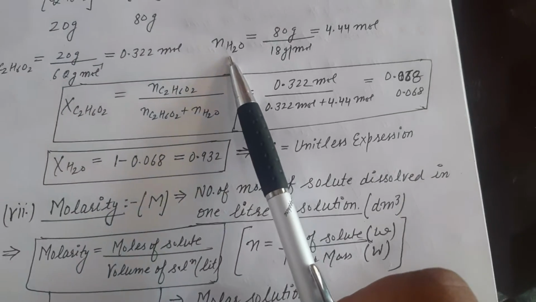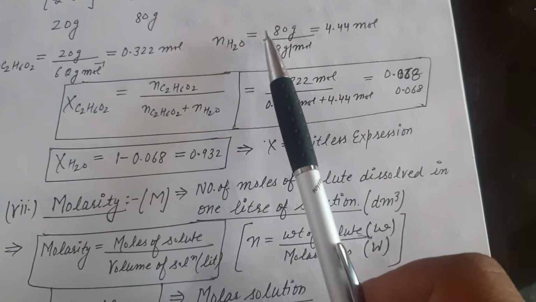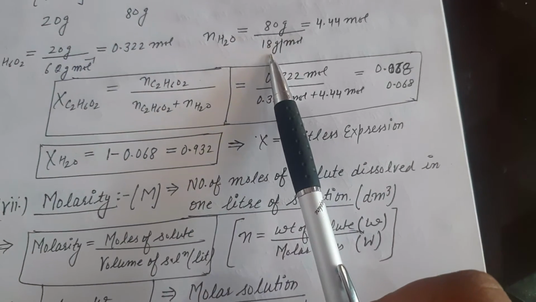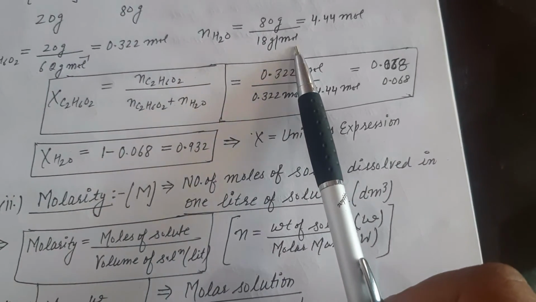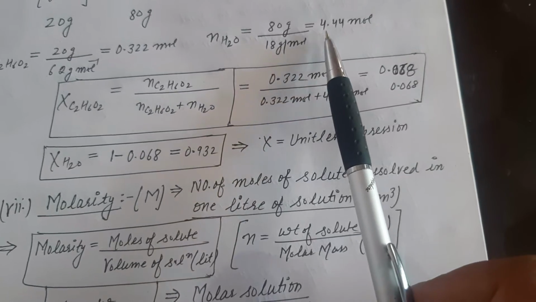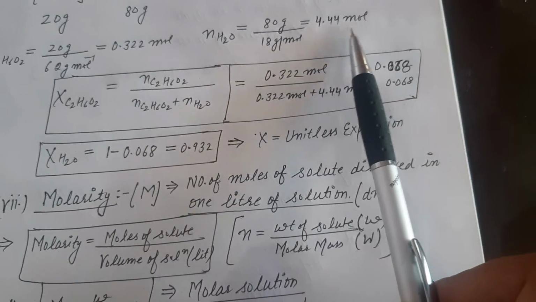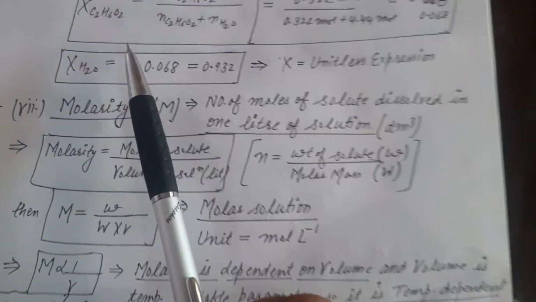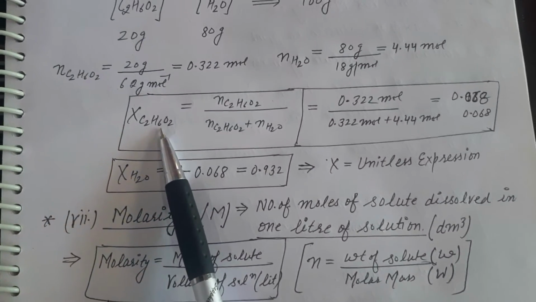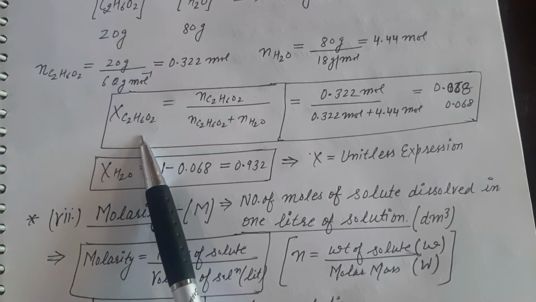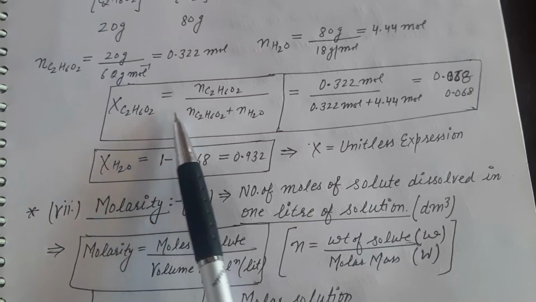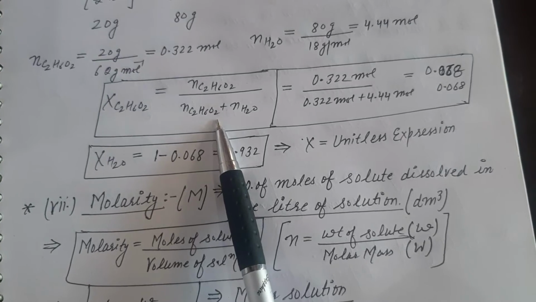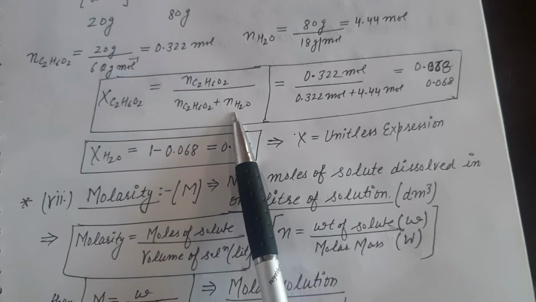In case of water, the given mass of solvent is 80 gram and the molar mass of water is 18 gram per mole, so the number of moles of water is 4.44 mole. Then find the mole fraction of ethylene glycol, equal to the number of moles of ethylene glycol upon the number of moles of both components, ethylene glycol as well as water.